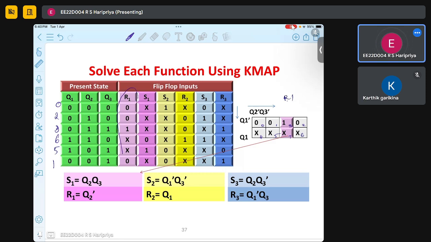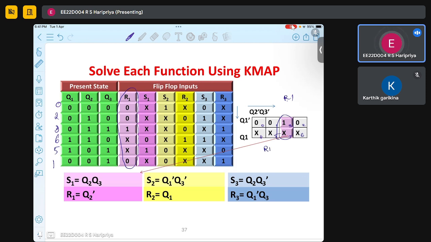That means for 0 and 2 it is 0, and for 1 again 0. For 3 it is 1. For 6 and 5 it is don't care, so that's not 1. We can form a group of 3.